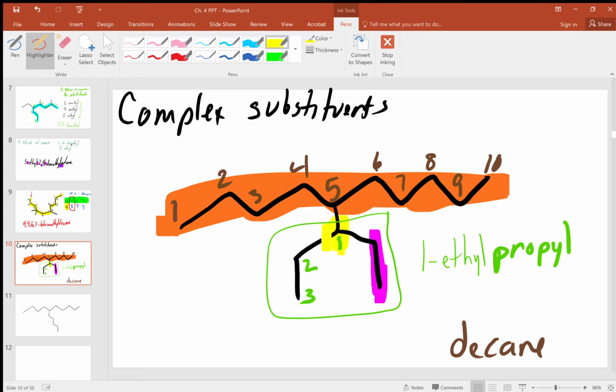We then found that we had a 3-carbon chain as the longest chain within the substituent. That's what gave us propyl. And then we had a 2-carbon chain that was attached to the first carbon of the substituent. So we got 1-ethyl propyl.